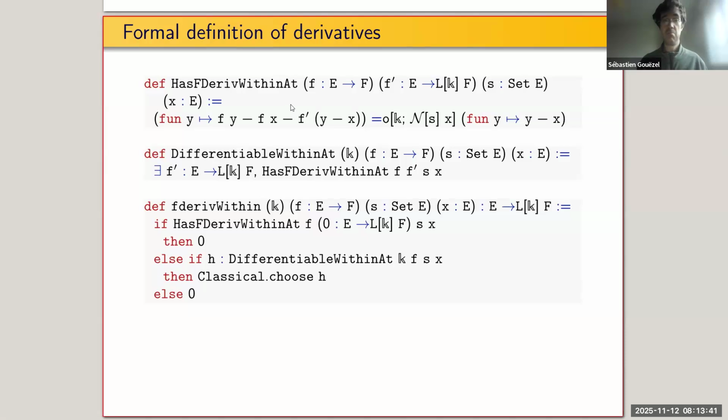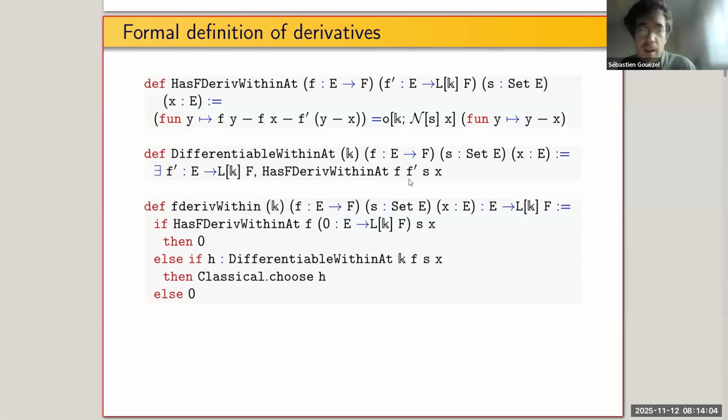And once you have this predicate, we'll say that the function is differentiable within this set at a point x if there is some derivative, that is, there exists some f prime such that HasFDerivWithinAt f f' S x holds.